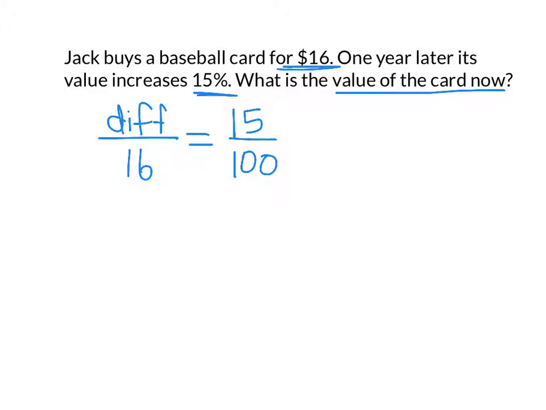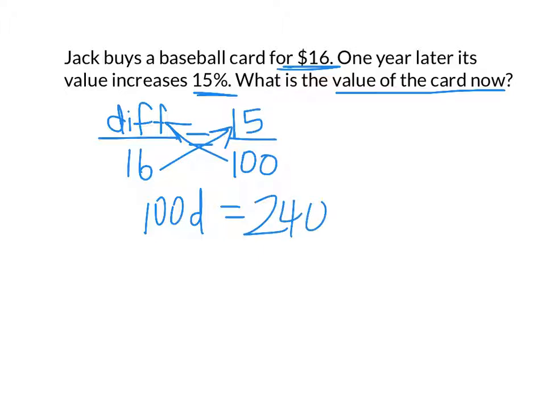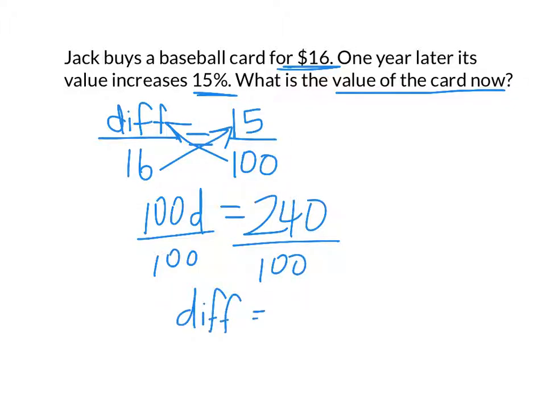And now when I cross multiply, and I'm just going to use the D, so 100D equals 16 times 15, 240. And then of course divide both sides by 100. And the difference is 2.4, or in this case, since we're talking about money, $2.40.